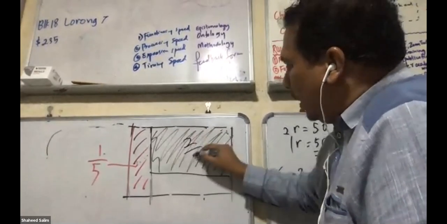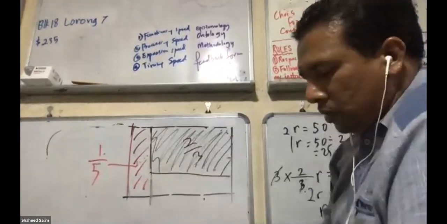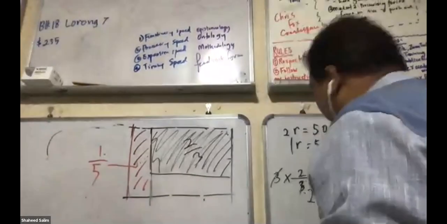This is 2/3 of the blue part, the rectangle.